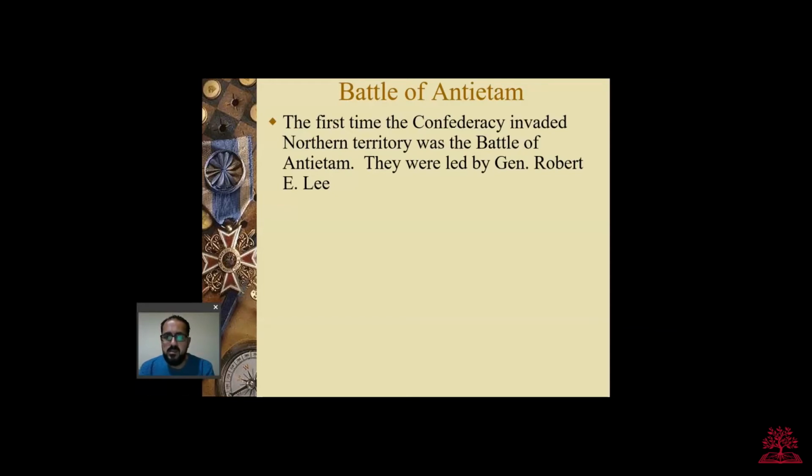We said that the South had some advantages because they were fighting at home, but this time in this battle, they actually went to the Northern Territory to fight, and this was the first battle that was fought on Union grounds. So they were led by General Robert Lee, and it began on September the 17th, 1862.